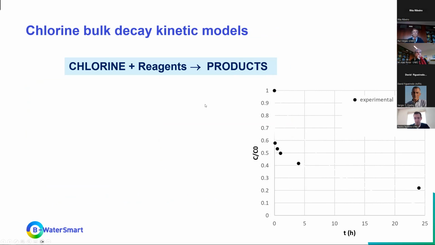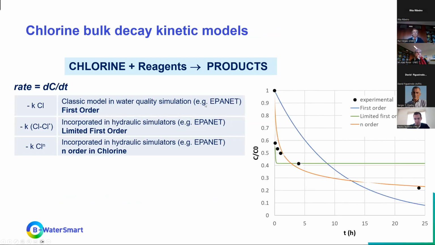The models that are typically used, which are already implemented, for example, in EPANET modeling software, are first order models, which cannot capture this fast and slow decay of chlorine.